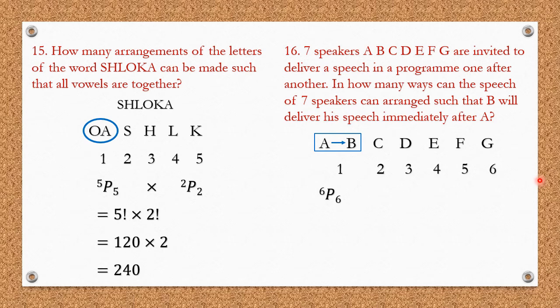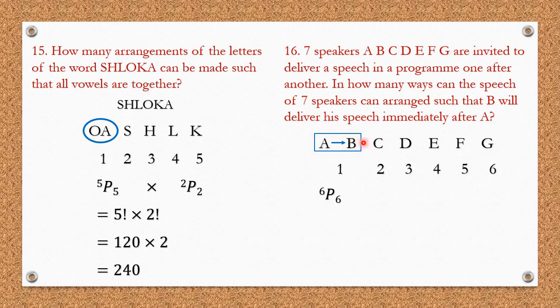But usually what we do is arrange these guys internally and then multiply, because 2 are there, we multiply with 2P2. But here we can't arrange them internally. The reason for that is that B will give speech after A, but according to our question, A will not give speech after B. Arranging internally means AB or BA, first comes A then B, or first comes B then A, which is not possible here.